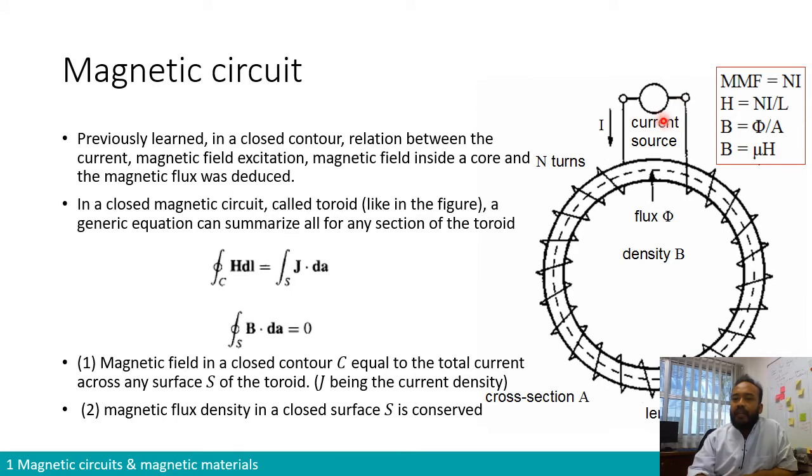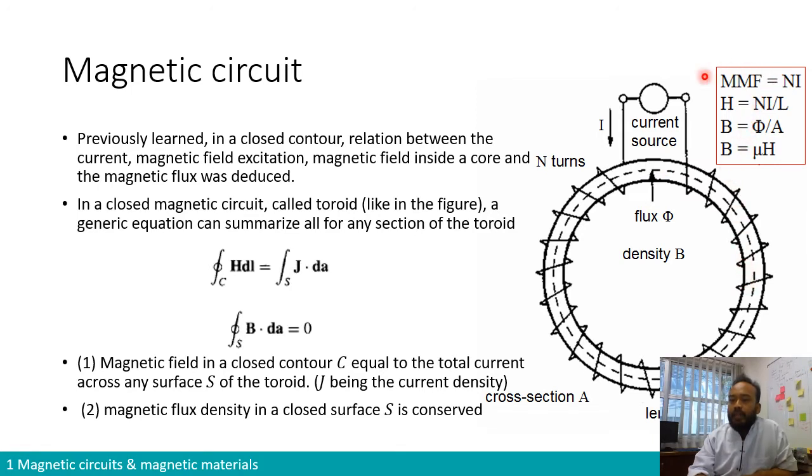So the first one is what we call MMF, or magnetomotive force, which equals the product of the number of turns, N, representing how many turns of winding you have around your core material, multiplied by the intensity of the current circulating in that winding.